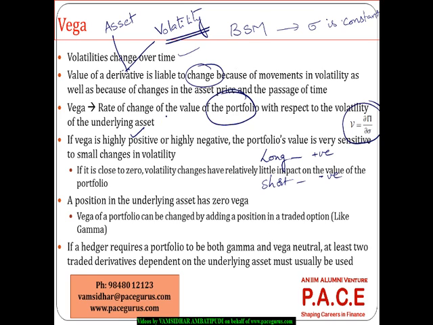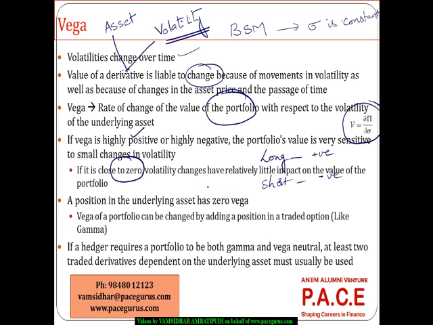Even if the volatility changes a little bit, the price of the option is going to change quite drastically. But if the vega is very minimal, close to 0, then even if the volatility is changing, the option value is not impacted that heavily because of that.